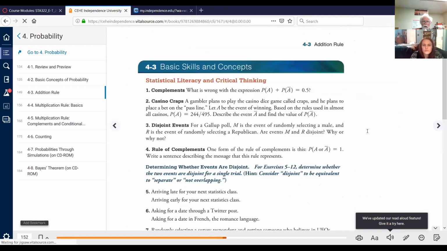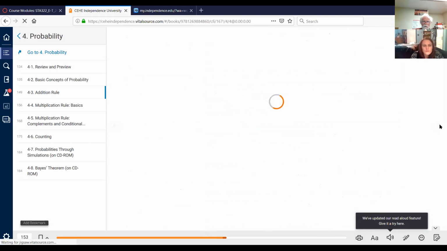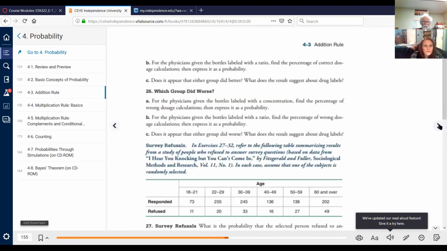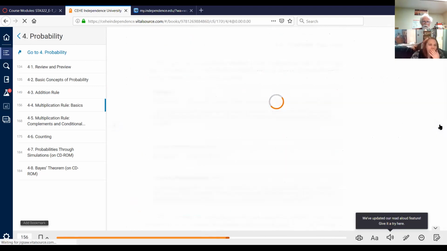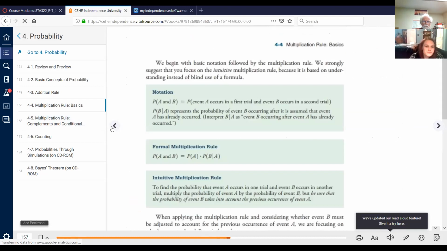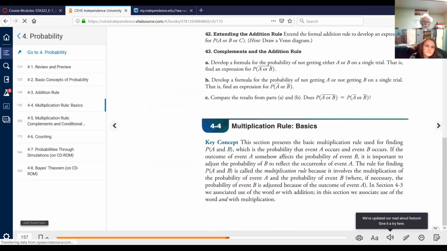which is going to be the multiplication rule, which is how we can calculate the probability of events occurring over time.